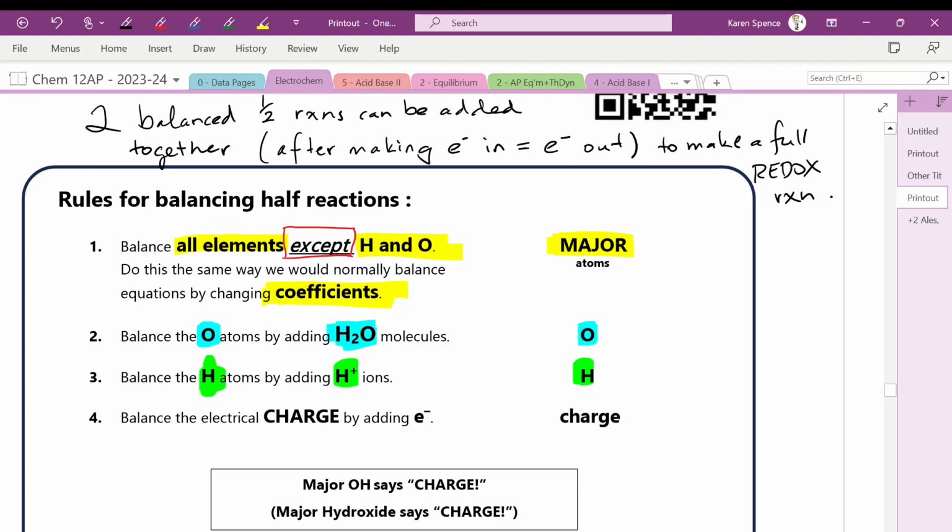So this final step is where we balance the charge. And we do that by adding electrons, just like we did in our example last week. Okay, and the little mnemonic device is that major hydroxide says charge. Yes? You got it? Okay, cool.